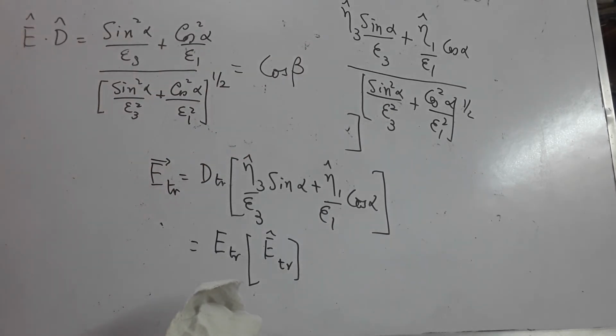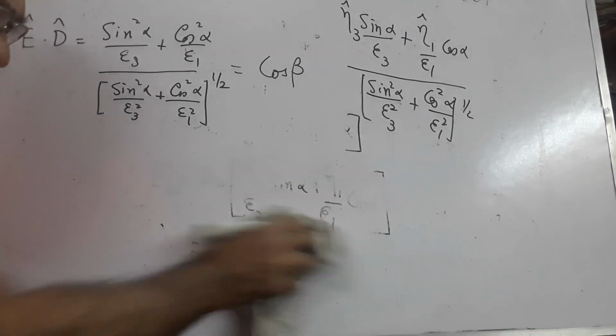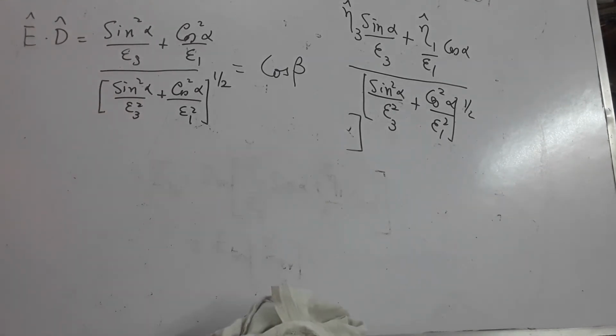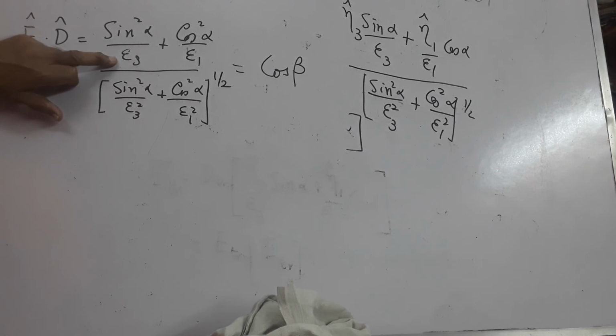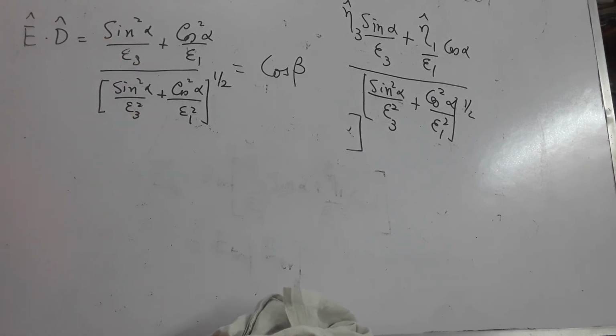So let me redraw the picture once more. Before I do that, let me just say, notice epsilon 3 is greater than 1 and epsilon 1 is also greater than 1. So what is happening here?